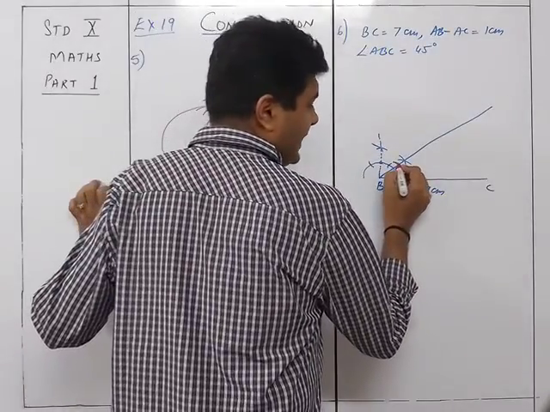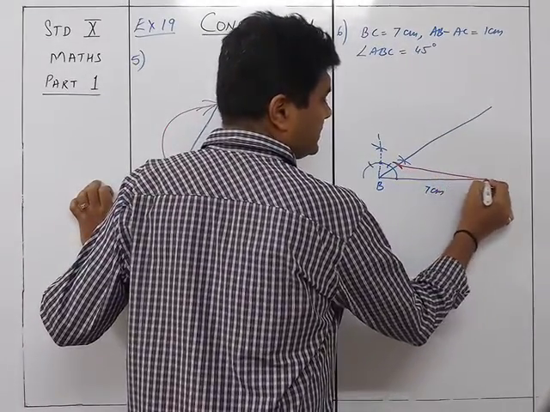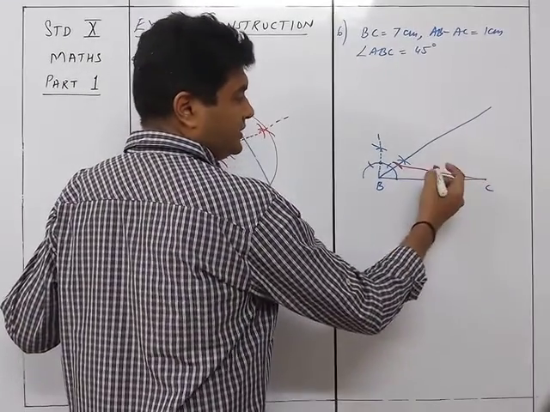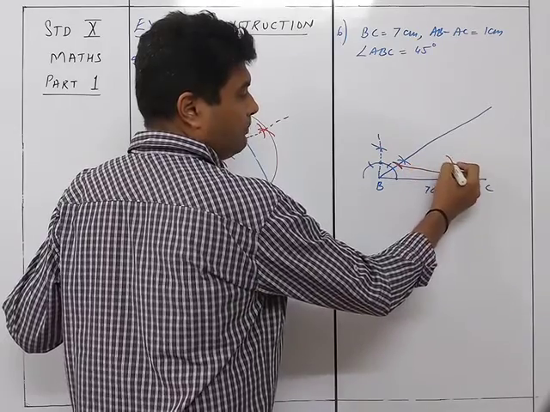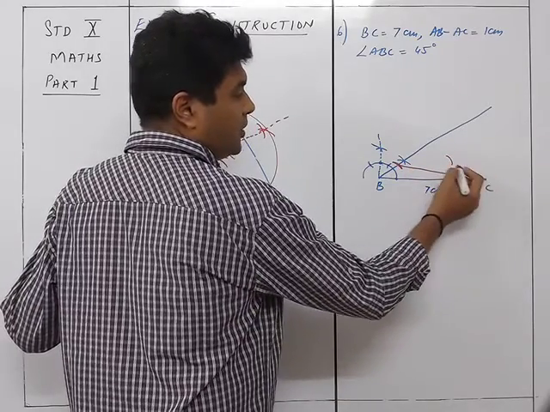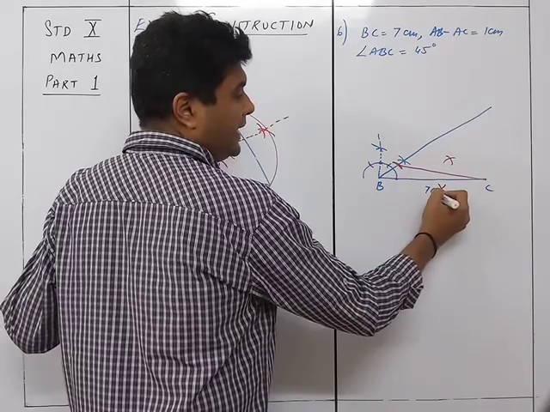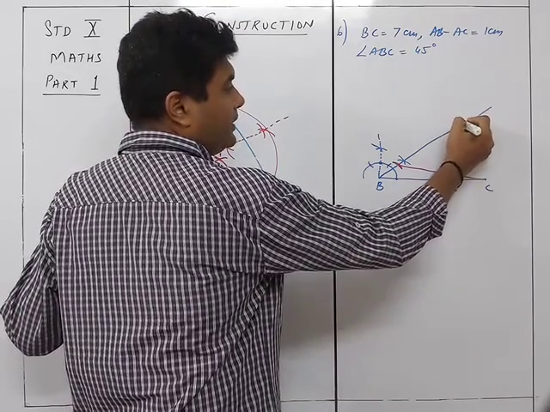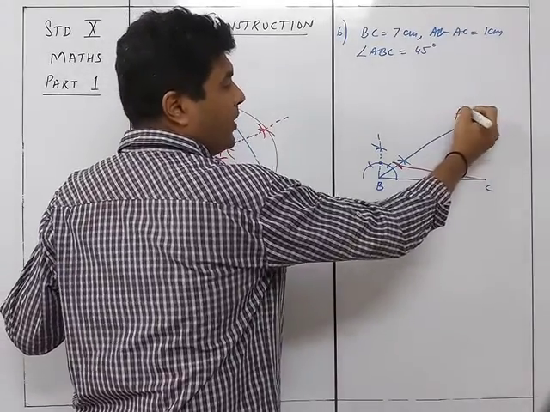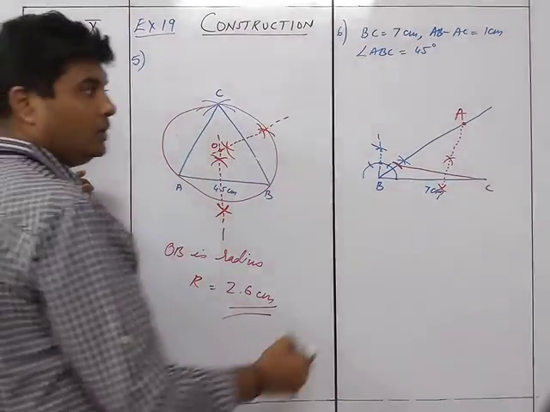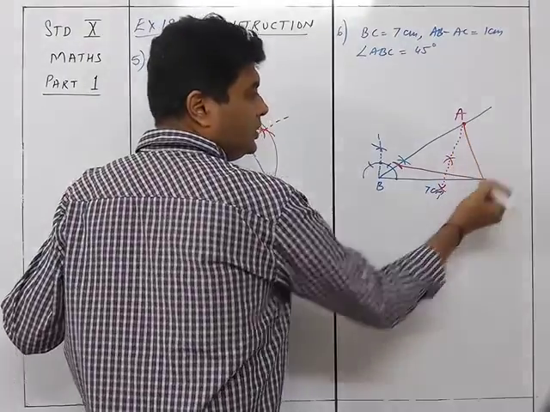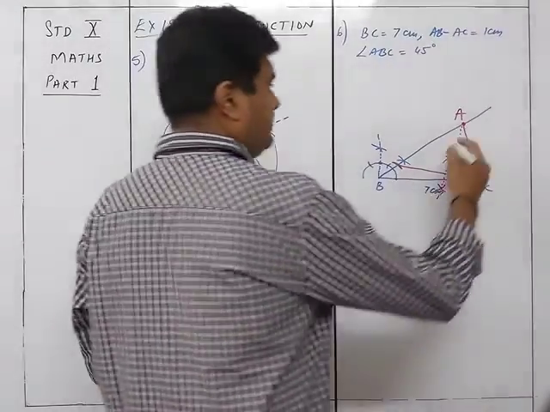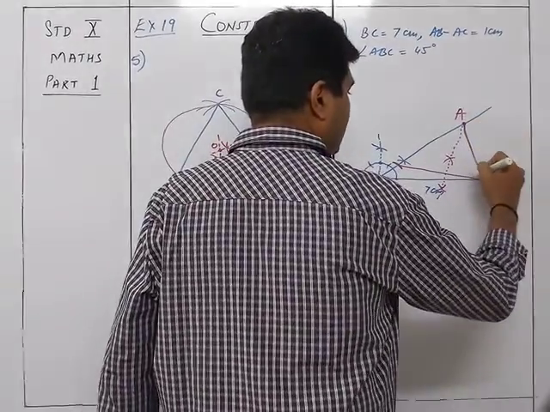I'll join this line, and then I'll draw the perpendicular bisector of this, from here upwards, and from here like this. From here, cut here, and I'm going to join this over here. So this point over here is your point A. Just connect this and this. You get the required triangle ABC.